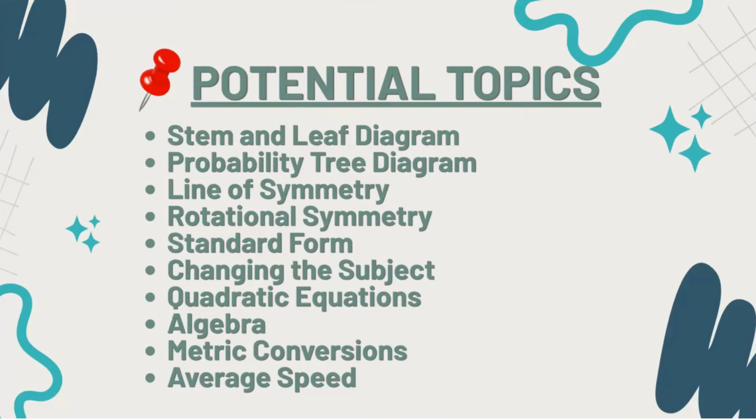Focus on statistics a lot, because from what I've heard, only probability came and that was a complicated question. So probability might not come now. It could come in the form of a question that is mixed with something else, like a stem and leaf diagram, histogram, cumulative frequency, or a probability tree diagram.